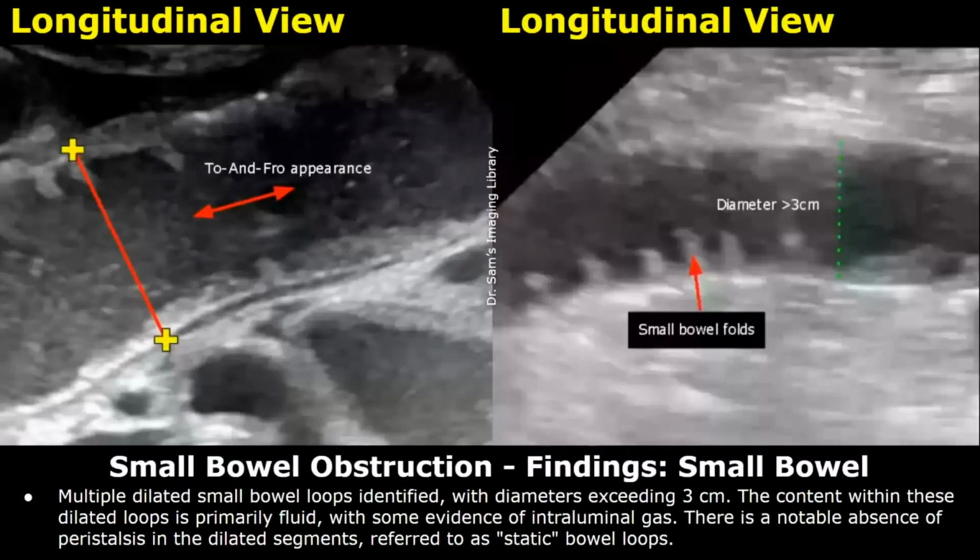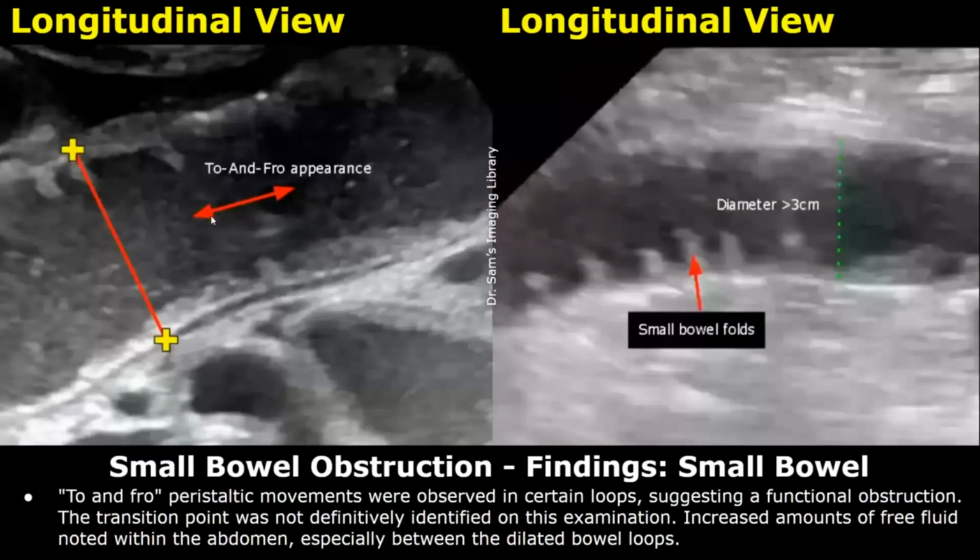Multiple dilated small bowel loops identified with diameters exceeding 3 centimeters. The content within these dilated loops is primarily fluid, with some evidence of intraluminal gas. There is a notable absence of peristalsis in the dilated segments, referred to as static bowel loops.